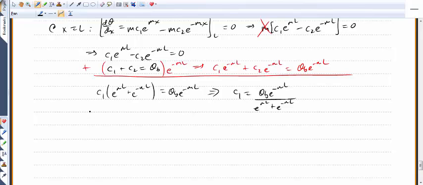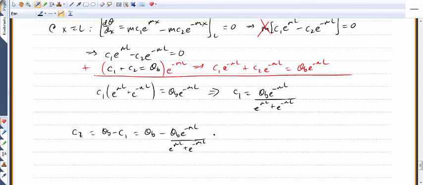We can then solve for c sub 2 as theta sub b minus c sub 1 using our boundary condition at x equals 0. So it's theta sub b minus theta sub b e to the minus ml divided by e to the plus ml plus e to the minus ml.